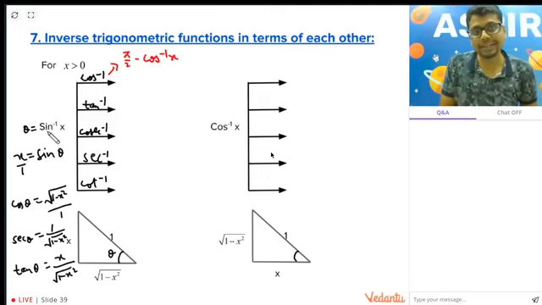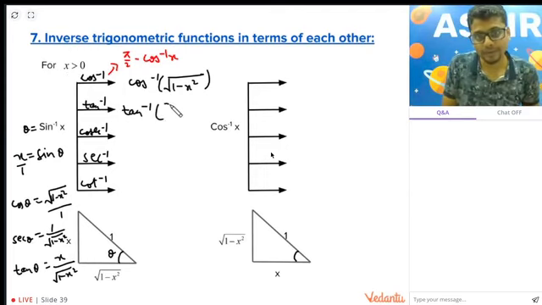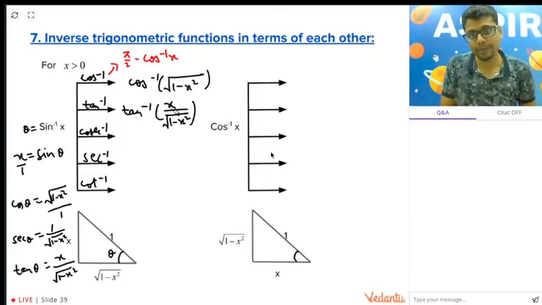So I can convert sine inverse x as cos inverse under root 1 minus x square. Sine inverse x I can write as tan inverse x by under root 1 minus x square, of course, x should be greater than 0. Perpendicular by base.